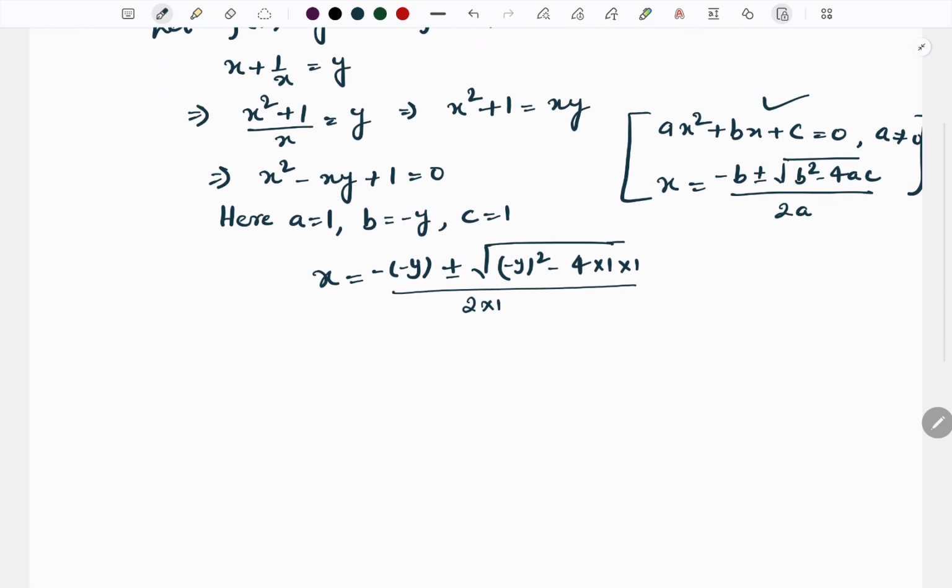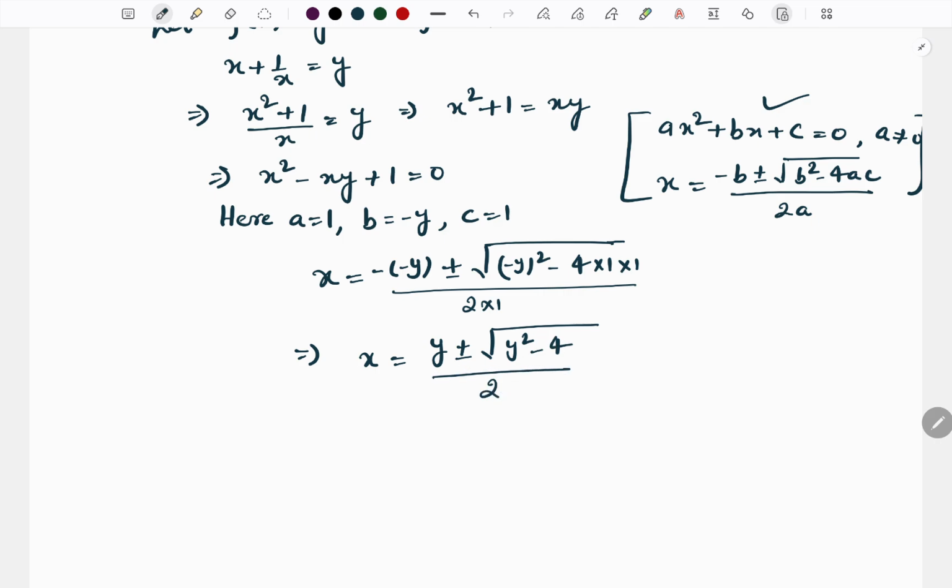Okay, so this implies x is equal to (y ± √(y² - 4))/2.